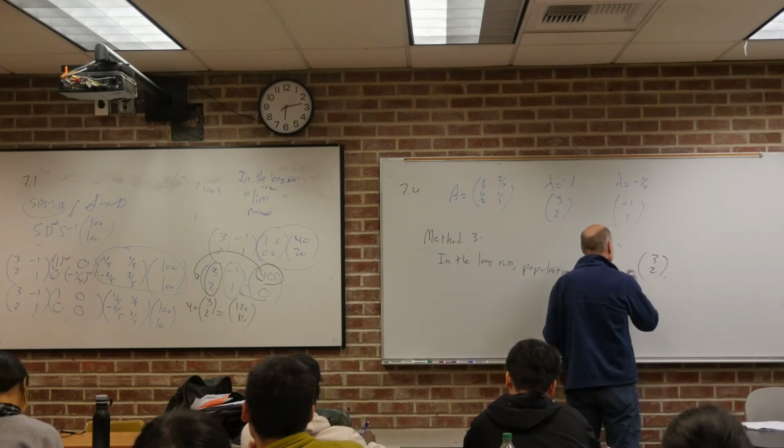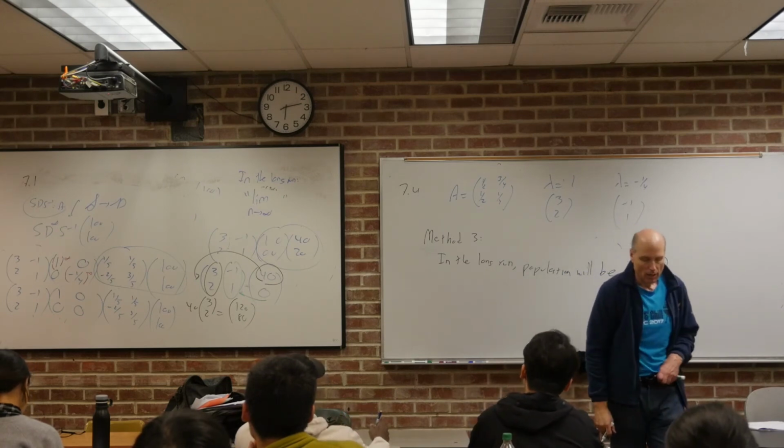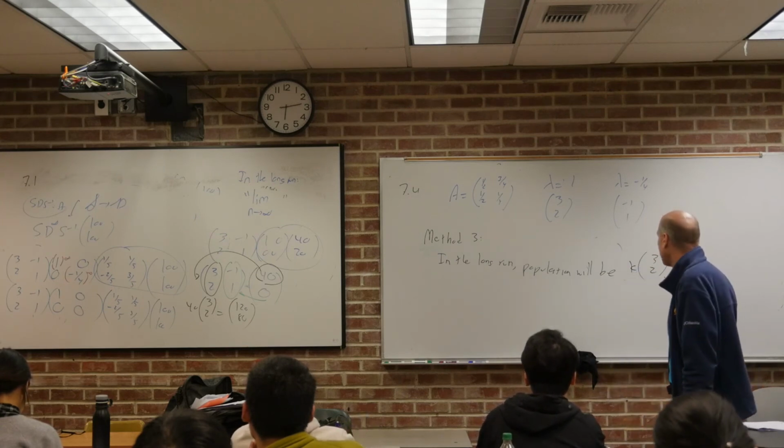So in the long run, it's going to be some multiple of 3, 2.